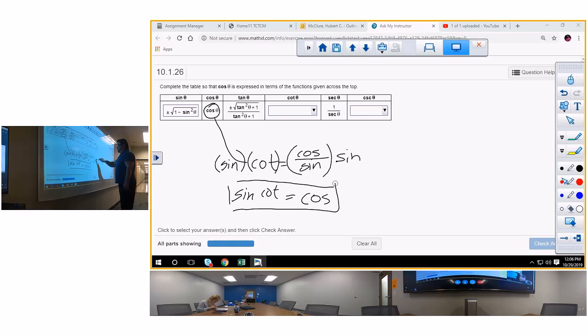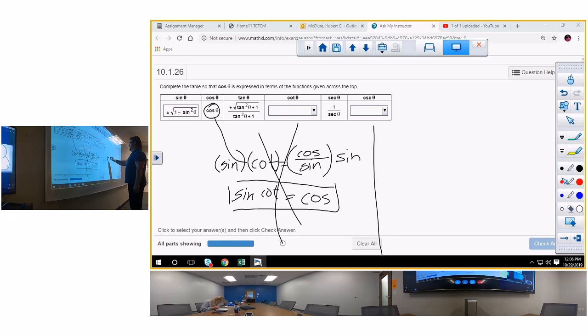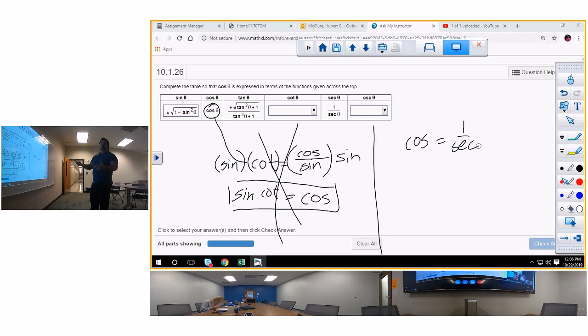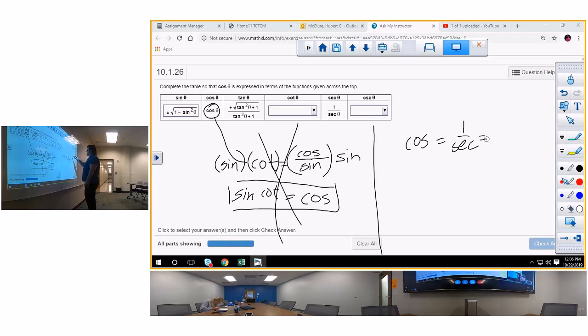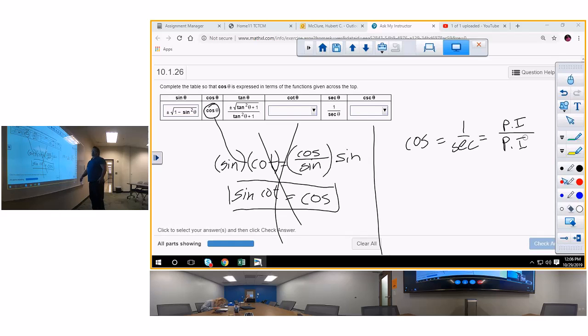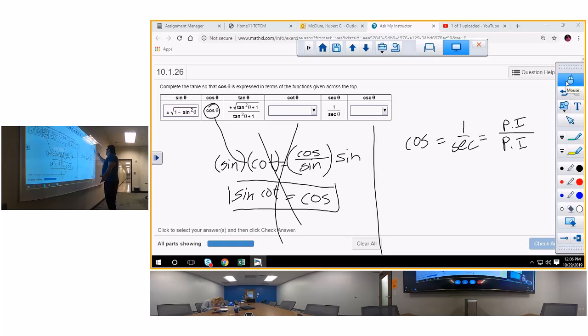So then you go over here and you say, okay, cosine is equal to what? 1 over the secant. Okay, I've got my quotient. You see it? Now 1 can be written as a Pythagorean identity, as well as secant can be written as a Pythagorean identity. So if you take those two and rewrite them in terms of whatever they're asking for, because that's why they're giving you a choice.